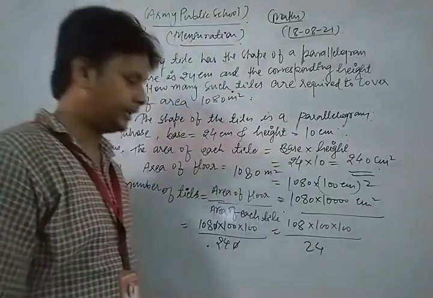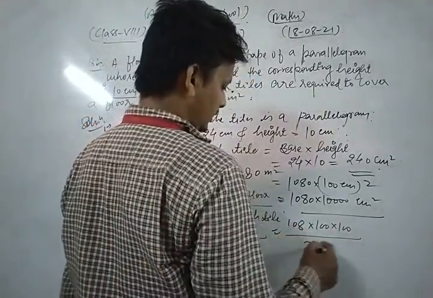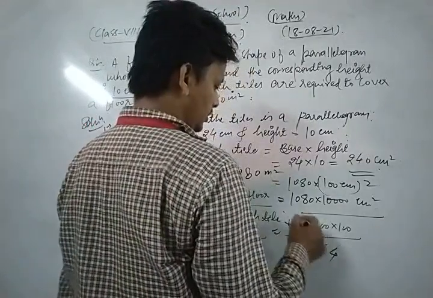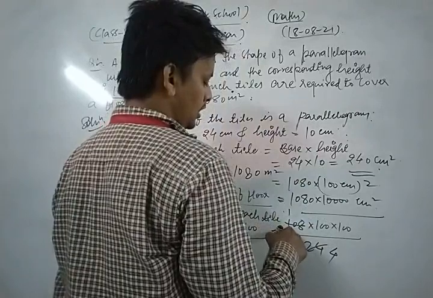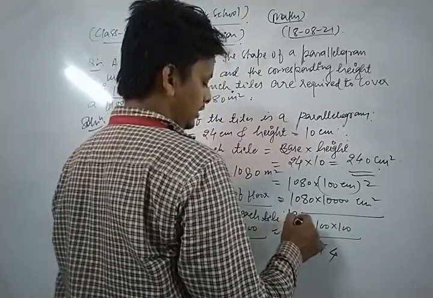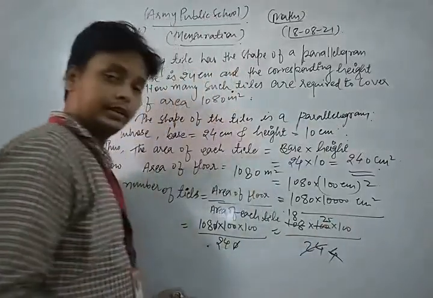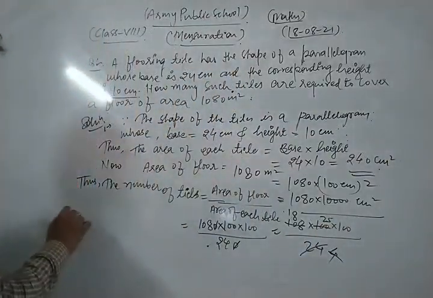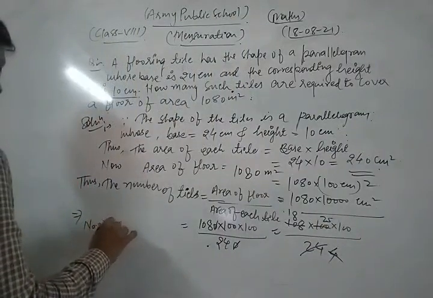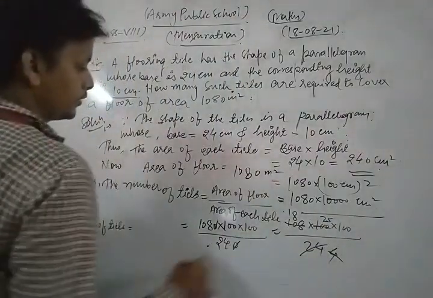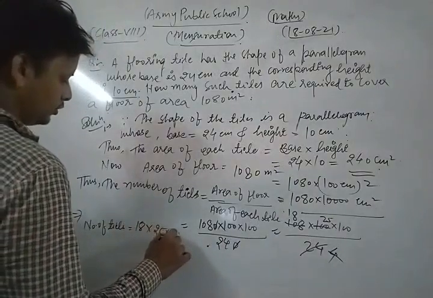Now divide by 4: 6 fours are 24, and 108 divided by 6 is 18. So we get the number of tiles as 18 into 25 into 1000.